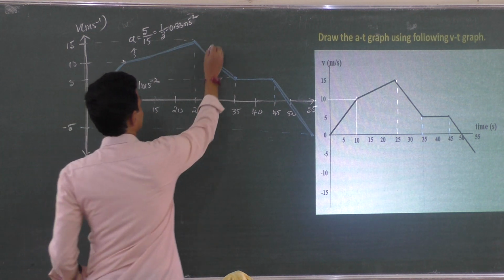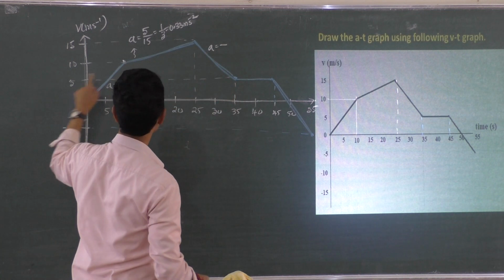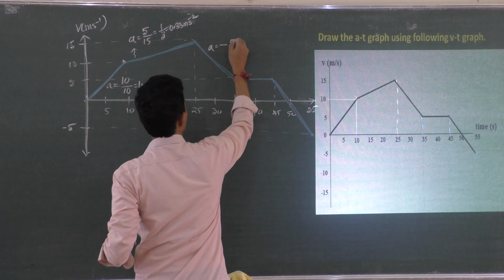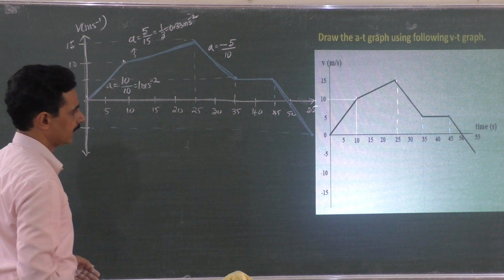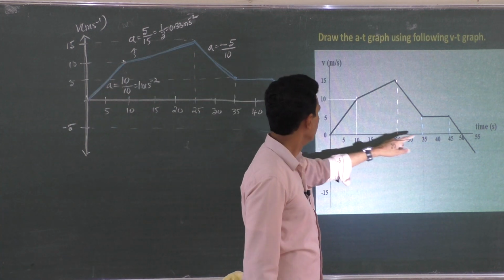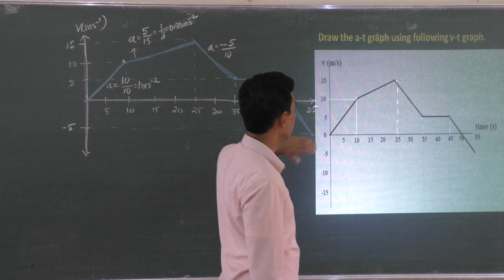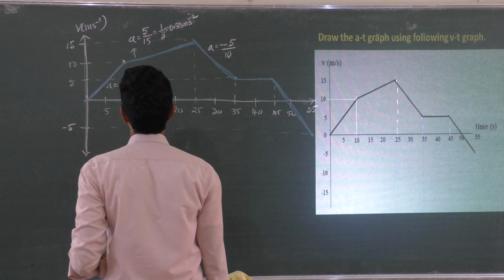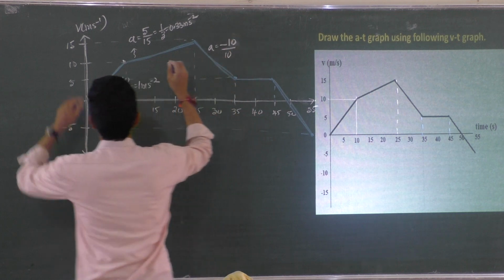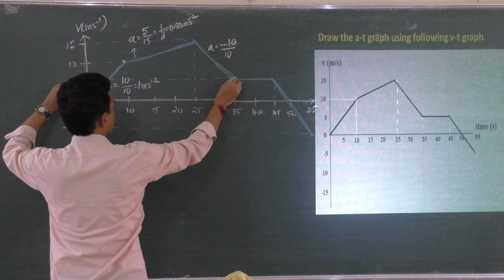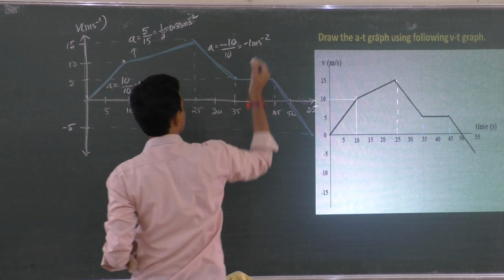What about here? Here acceleration is negative because it is dropping. Final is 5, initial is 10, so -5 in a time interval of 10 seconds. 25 to 35, a drop of 10, right? 15 to 5, it is a drop of 10. 15 meter per second became 5 meter per second in a time interval of 10 seconds. -1 meter per second square.